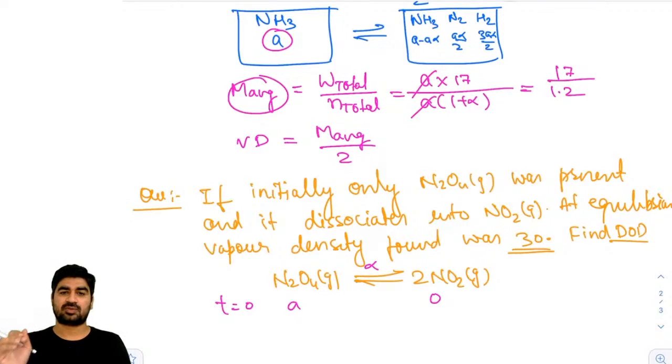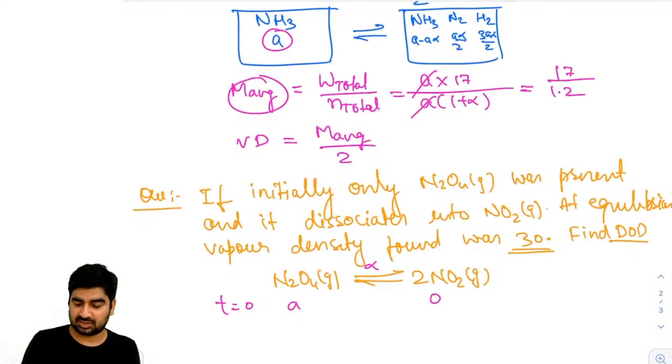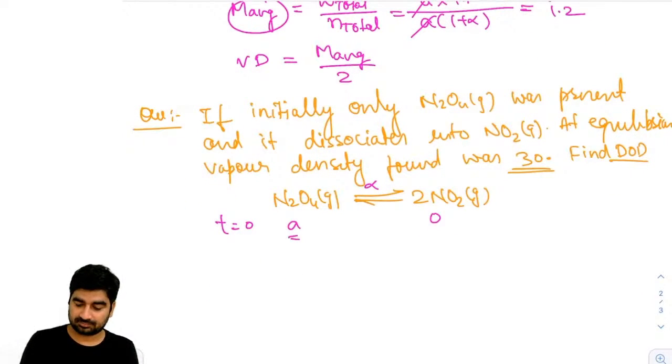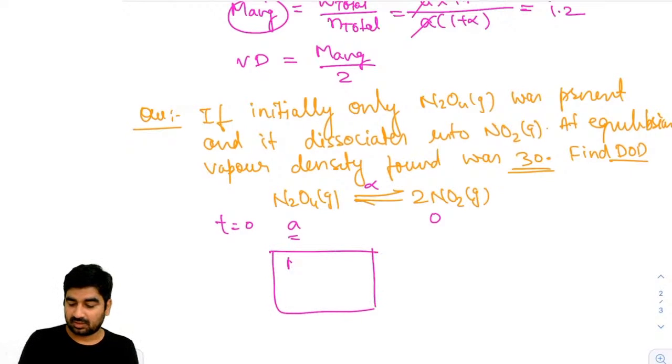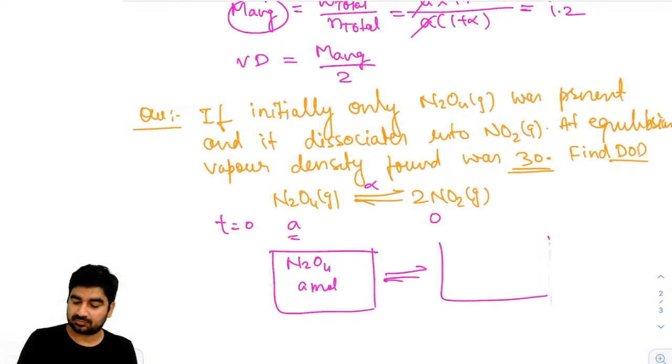Initially only N2O4 was present. So suppose initially a mole of it was present in the container. Once your equilibrium has been achieved, you will be getting N2O4 and NO2. So how many moles of it are present now?